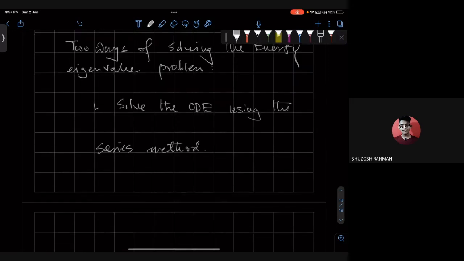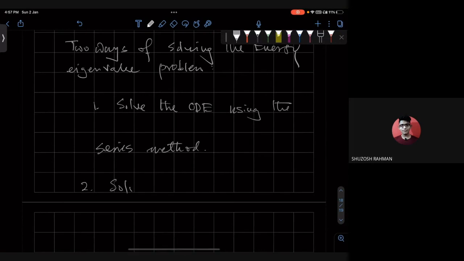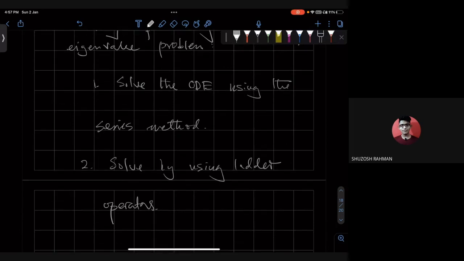This is a very good method, but there's a remarkably beautiful method, which is number 2, by Dirac: solve using ladder operators. In the next class, I will show you both.